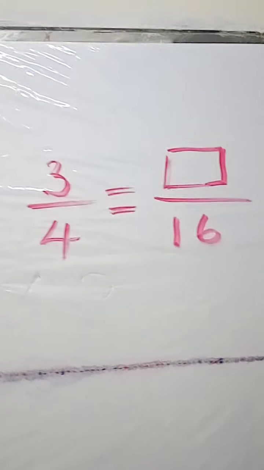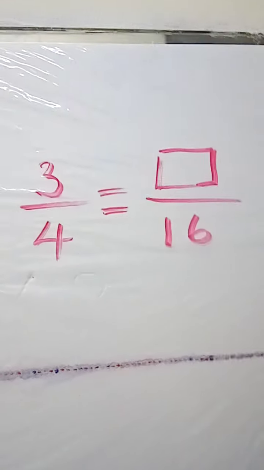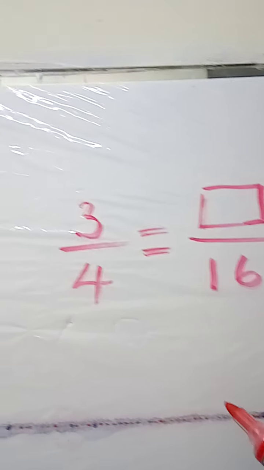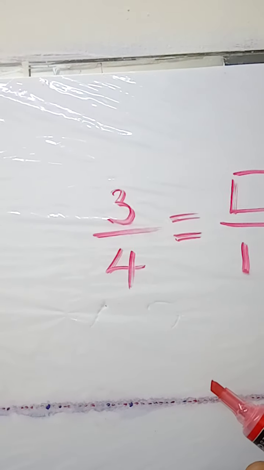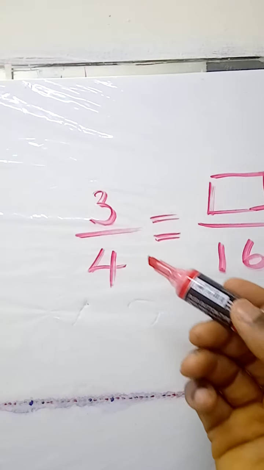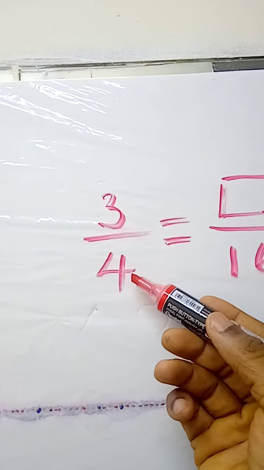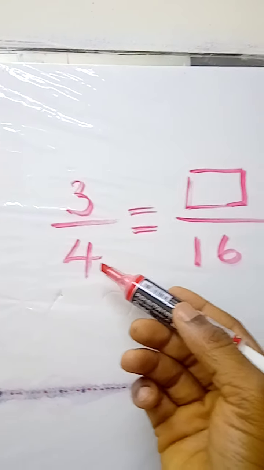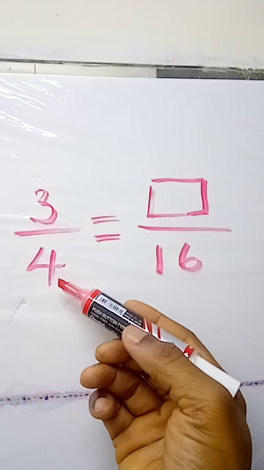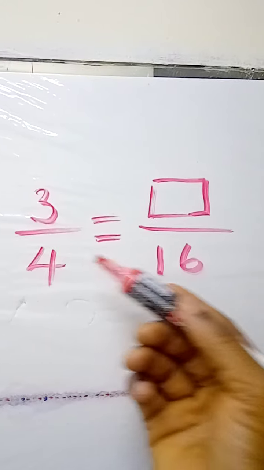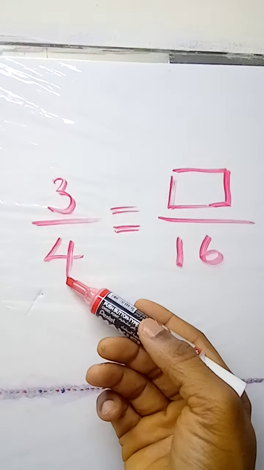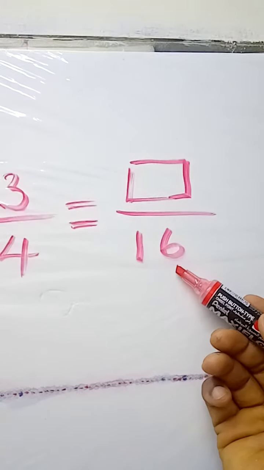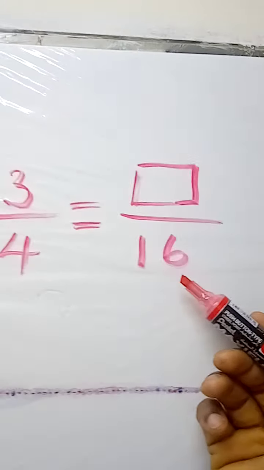So we said how we can form the equivalent fraction is to observe what happened to the denominator, the number on the bottom, to get the next denominator in the second fraction.